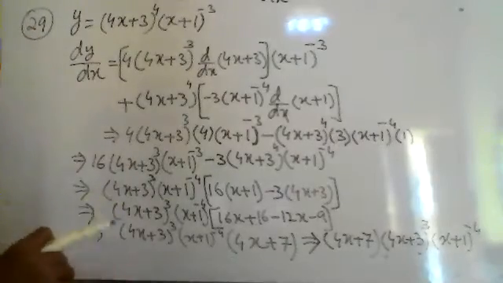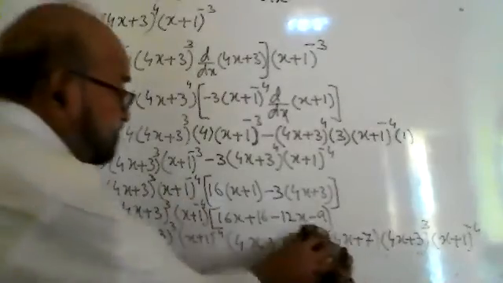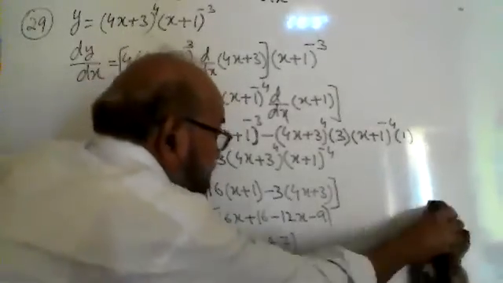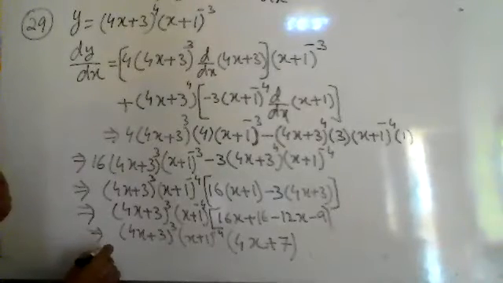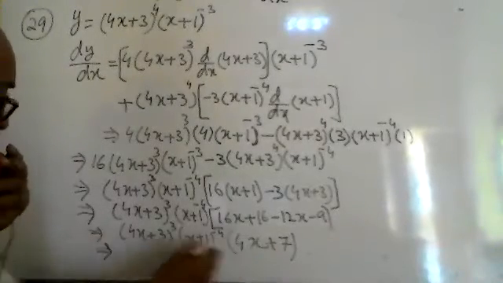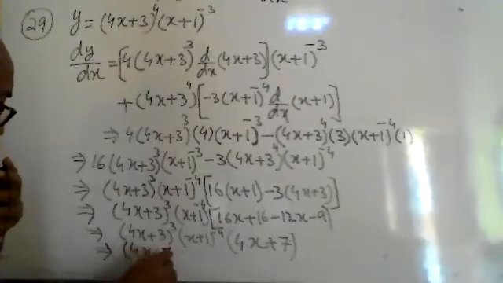और I may write down here. यहाँ से मिटा के यहाँ लिख देता हूँ. Here is also the space. It will be written first 4x plus 7.